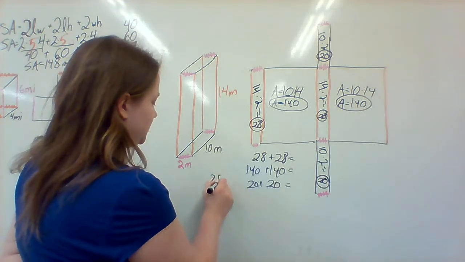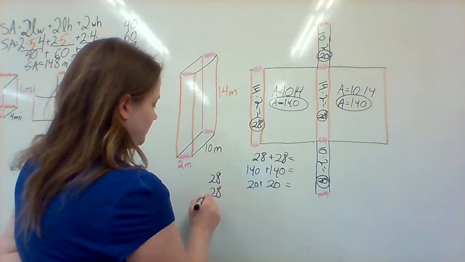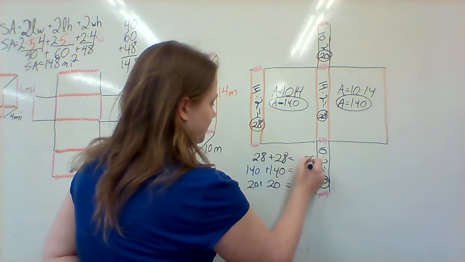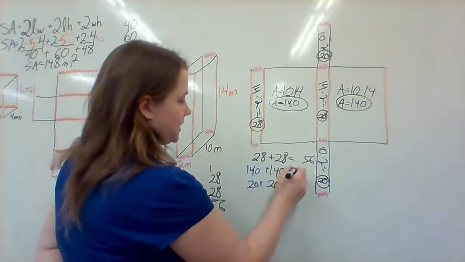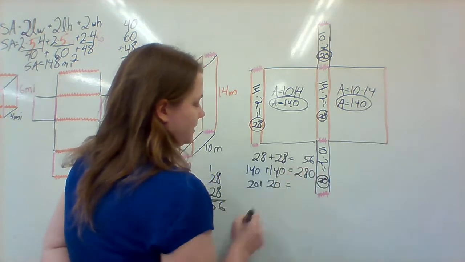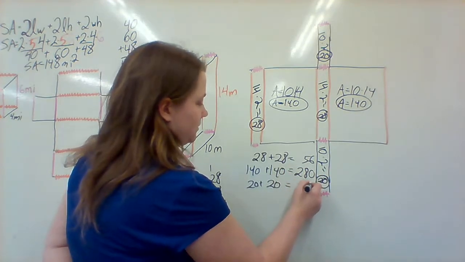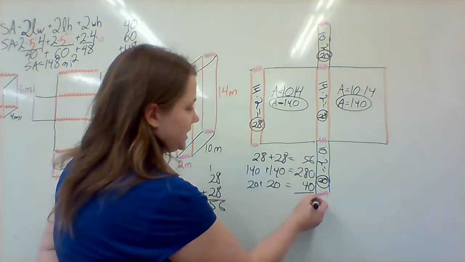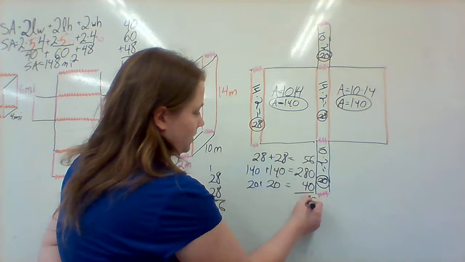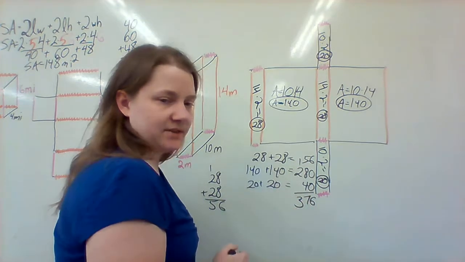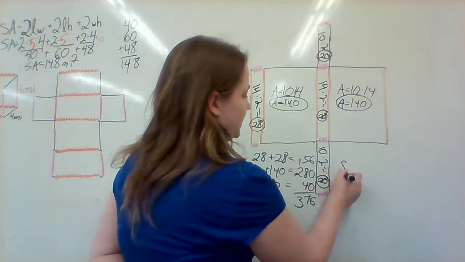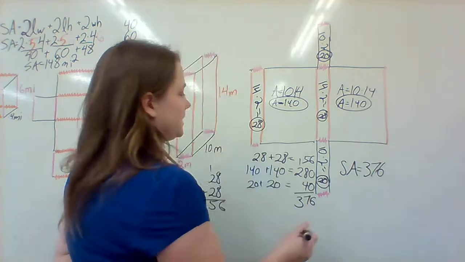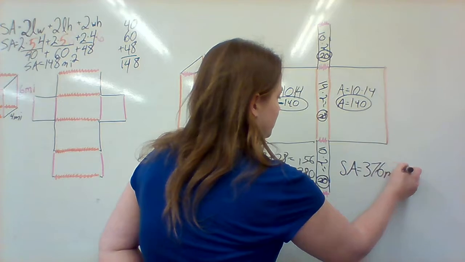I have 28 plus 28, which is 56. I have 140 plus 140, which is 280. And I have 20 plus 20, which is 40. When I add each one of these up, I'm going to get 376. So the surface area of this entire shape is 376 meters squared.